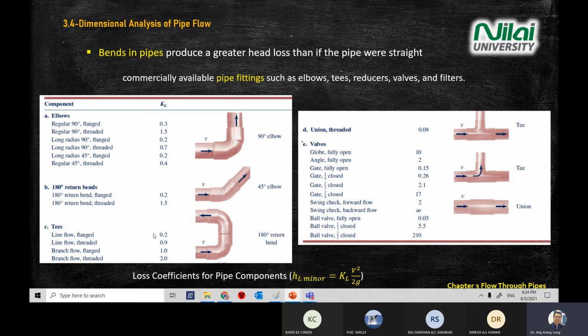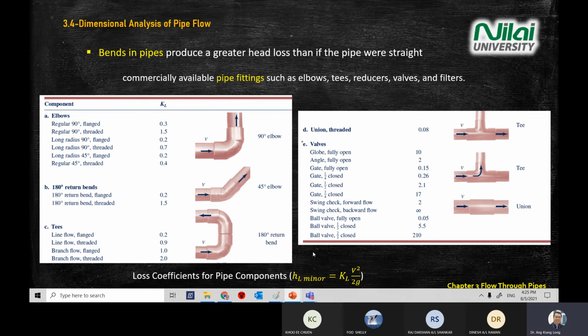You straight away refer to this table and use the KL value as 0.4. Another one is if the question says this corner is using a 180-degree return bend, threaded, then straight away you use 1.5 for your KL value.